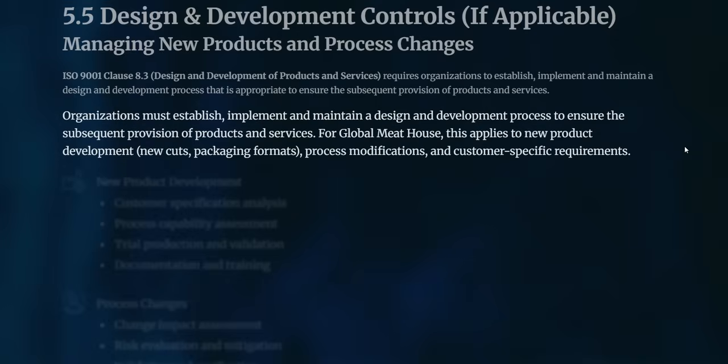For our global meat house, this applies to new product development, new cut, new packing format, process modifications, or customer specific requirements. Now, let's break it down to look at it one by one.